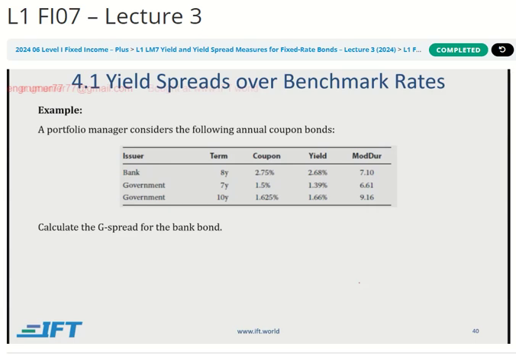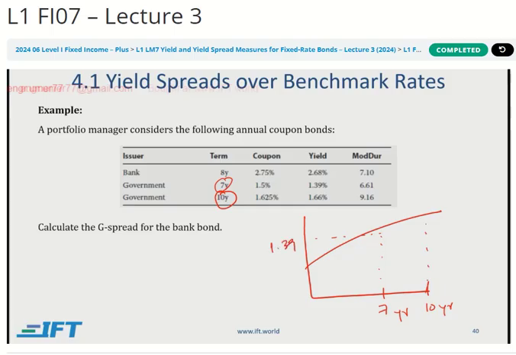Now this is something I want you to calculate. I'll help you out a little bit. You've got a government bond for 7 years and a government bond for 10 years, and let's say this is your yield curve. 7 is giving 1.39 and 10 is giving 1.66. What you need to find out is the G spread for the bank bond, which is 8 years.